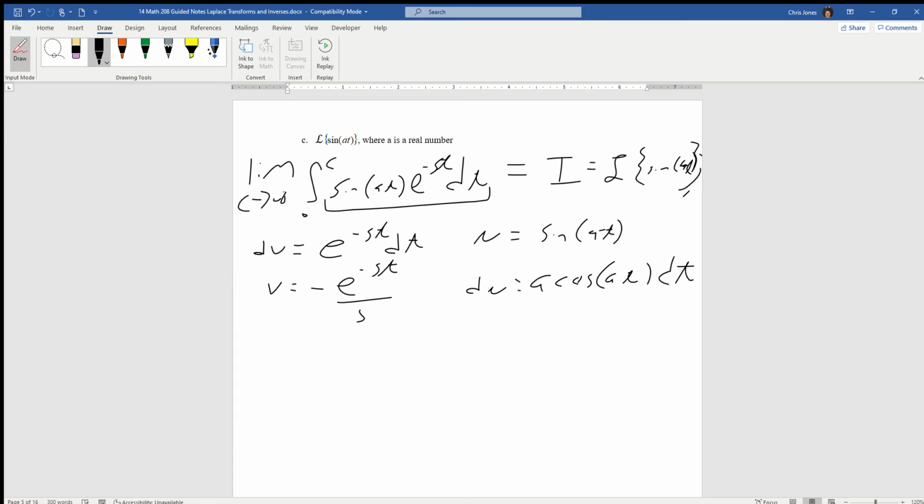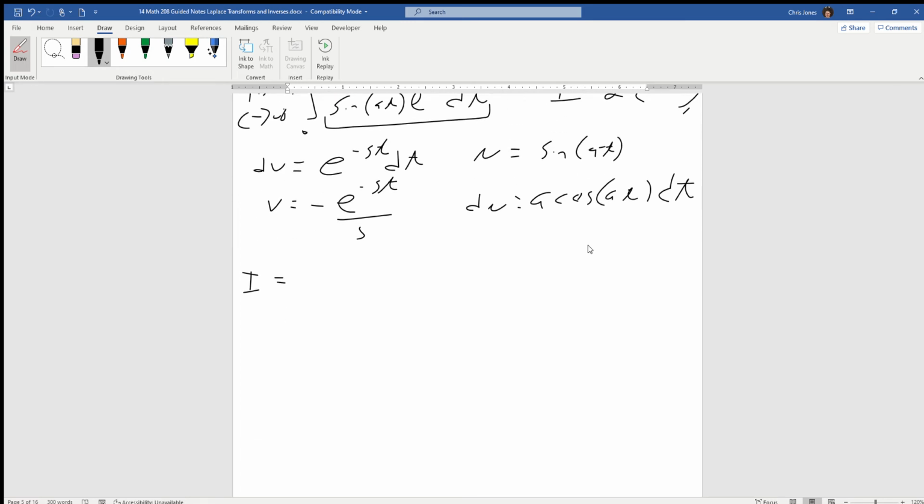And so I, which is what we're trying to integrate, is now going to be equal to the limit as c approaches infinity. And we're going to go ahead and use our uv minus integral v du. So uv is going to be negative sine at divided by s e to the st from 0 to c.